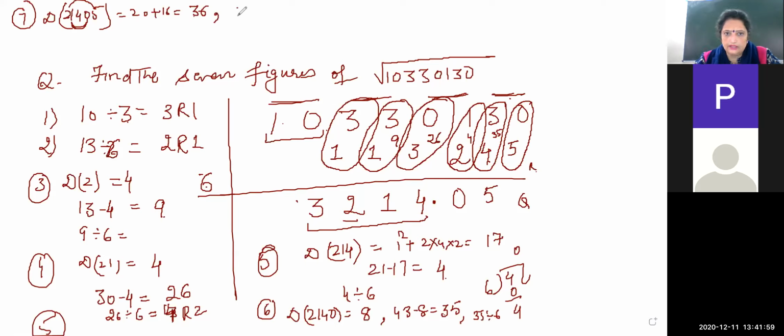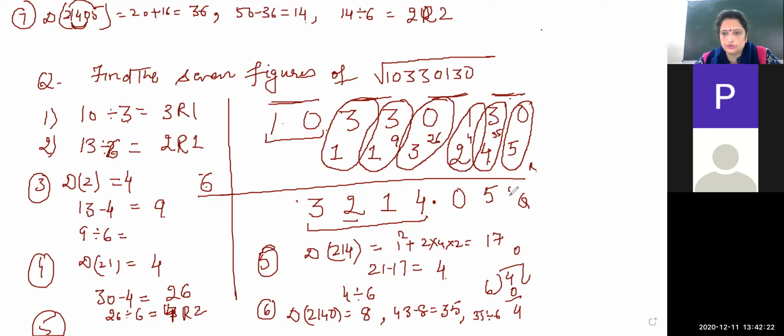Then which one do we subtract? We subtract 36 from 50. How much do you have now? 14. Then 14 is divided by 6. 6 2s are 12, and the quotient is 2 and the remainder is 2.